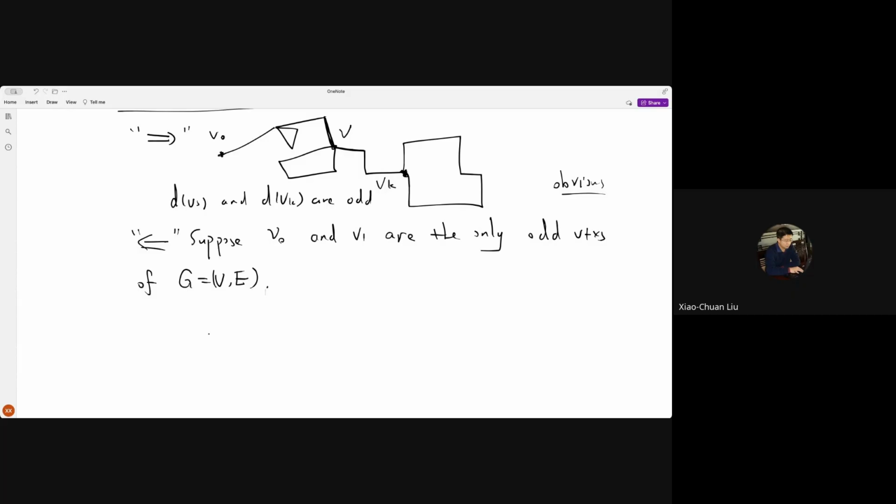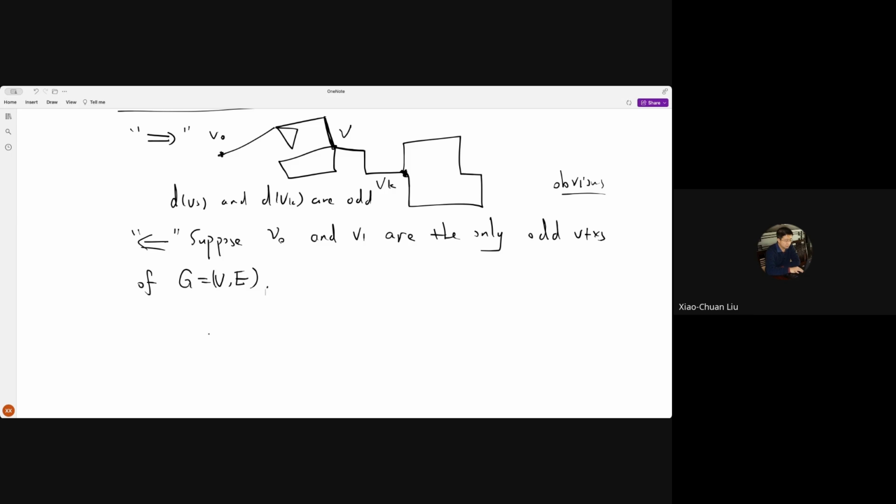And if you can still extend the trial, you do it, because there are only finite things to do. In total, you can do only finite things. Every time you use an edge, you cannot use it anymore. The total number of edges is finite. So eventually you have to stop. And we argue that you have to stop at V1. Okay, this is the first step.